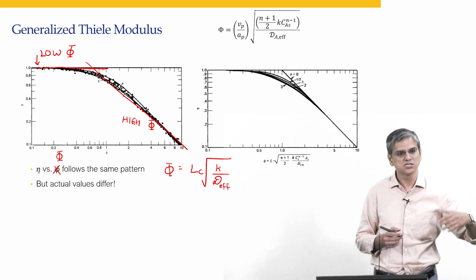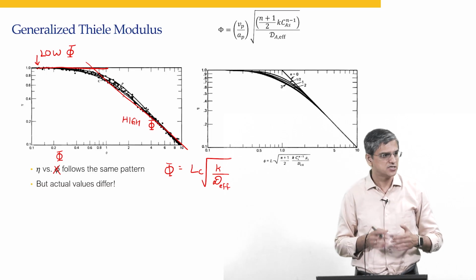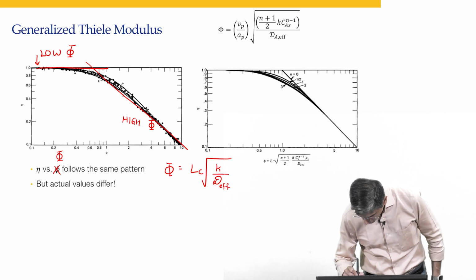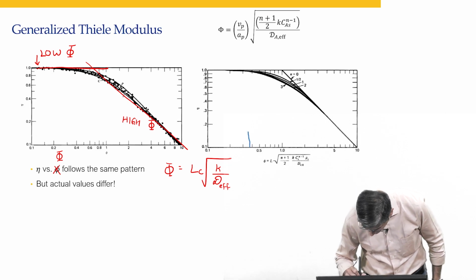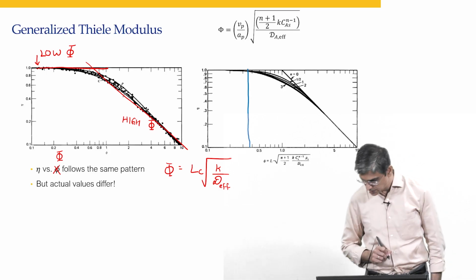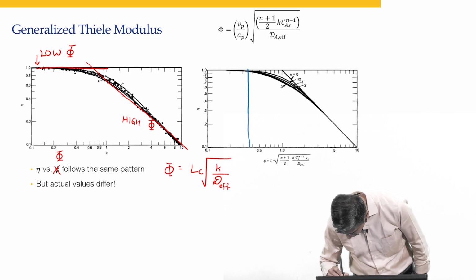Okay. What's the square root of 0.1? Approximately 0.3233 or something like that. So, the square root of 0.1 will lie somewhere over here. The square root of 10 will lie somewhere over here.